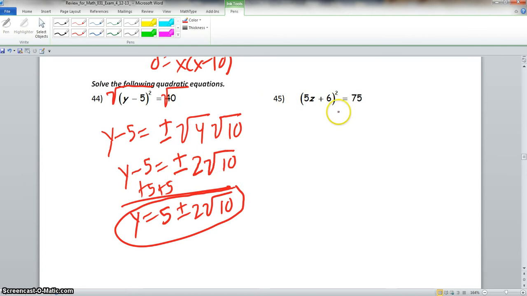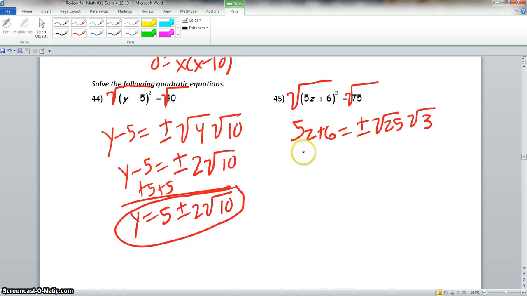Now we look at problem 45. We take the square root of both sides. We will have 5z plus 6 is equal to plus or minus the highest perfect square in 75, which is 25. And we will have 3 left over. So we have 5z plus 6 is equal to plus or minus the square root of 25, which is 5, square root 3.